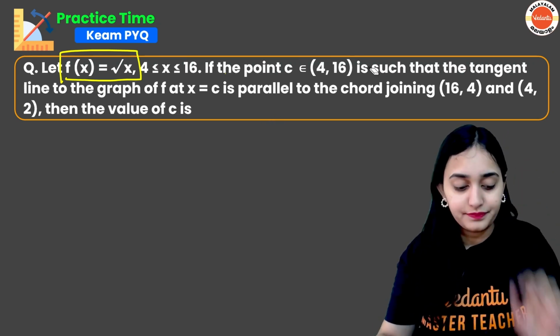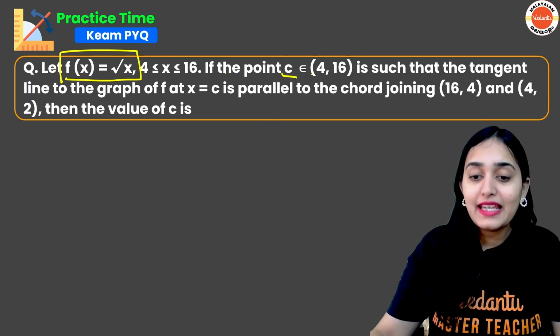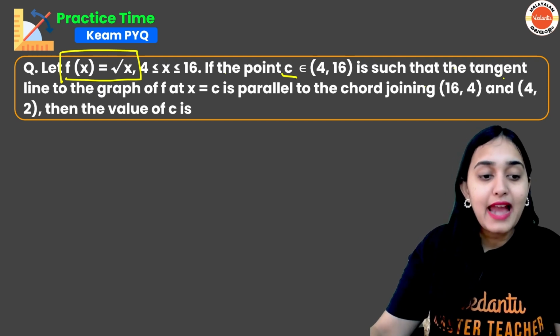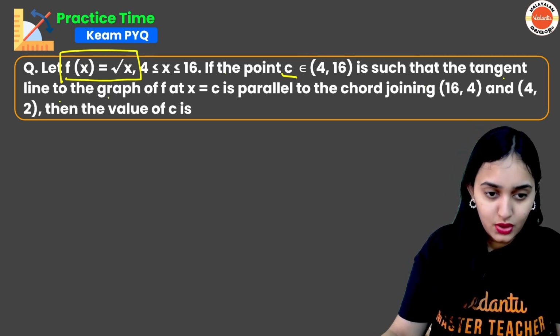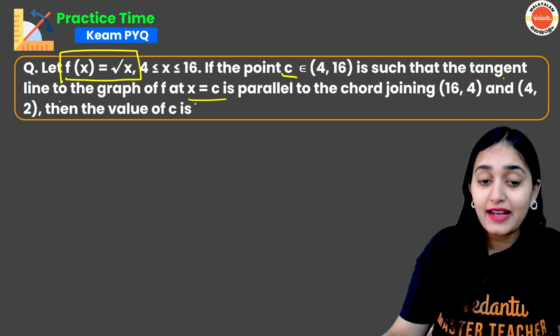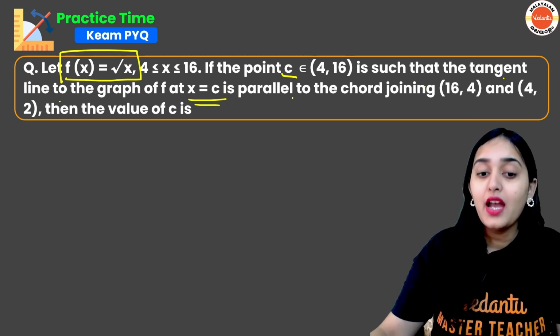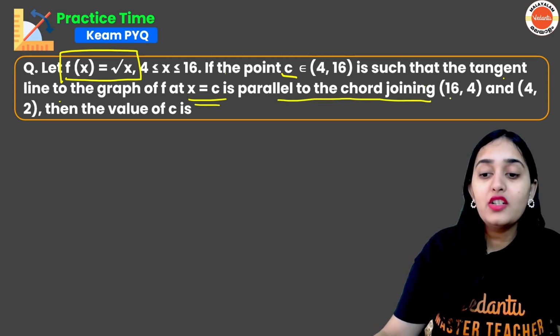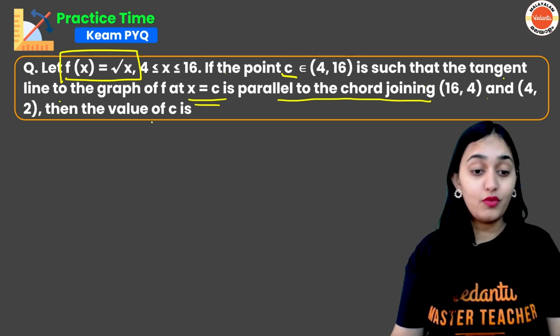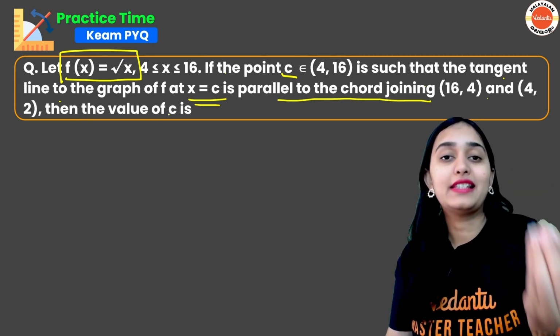Now read the question. Point C is such that the tangent line to the graph at x equal to C is parallel to the chord joining these 2 points, then what should be the value of C?